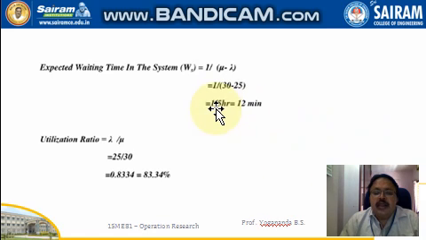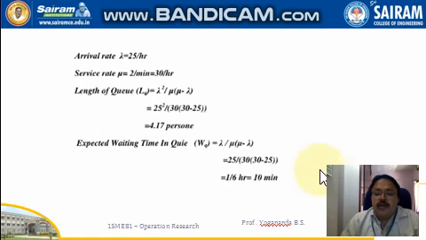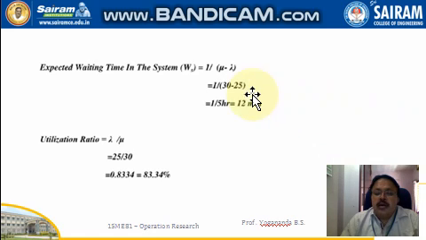Then expected time in the system is given as 1 divided by mu minus lambda, which we are getting as 1 by 5 hours. An hour is 60 minutes, so 1 by 5 into 60, we are getting 12 minutes. That is, he is waiting in the queue for 10 minutes, and 2 minutes will be spent at the ticket counter.